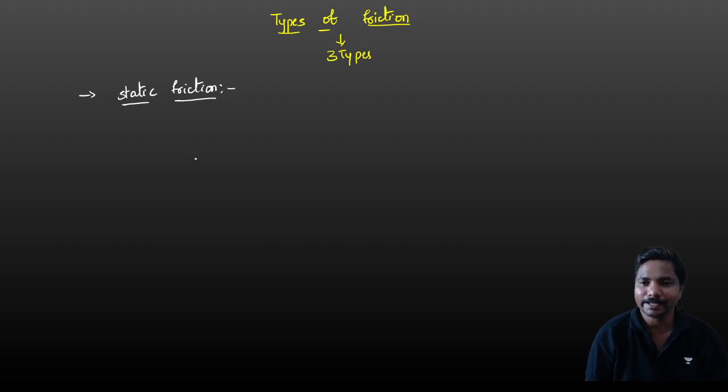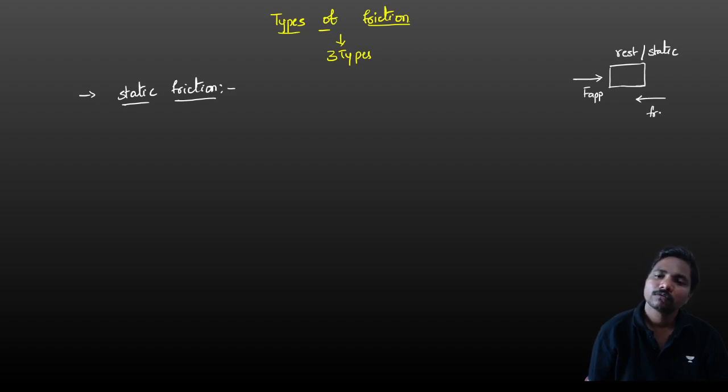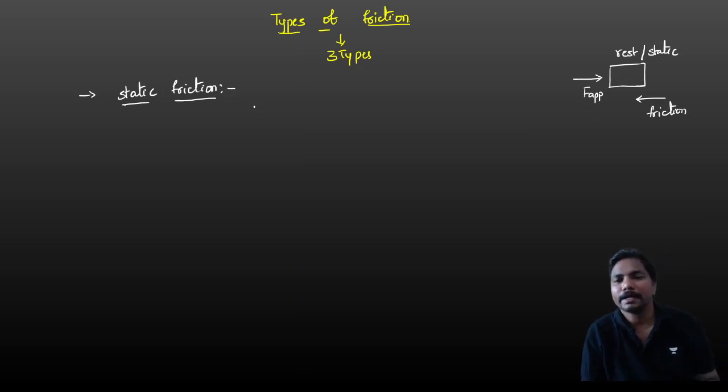If any object is at rest or static, static means not moving, and you apply some force, then the force of friction acts opposite to that. So the friction acting on the object at the time of starting is called static friction. Very simple. Note down.